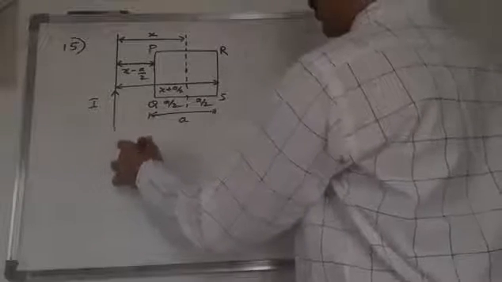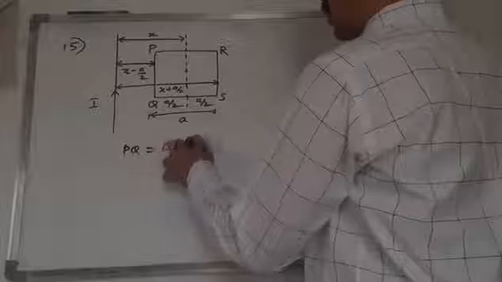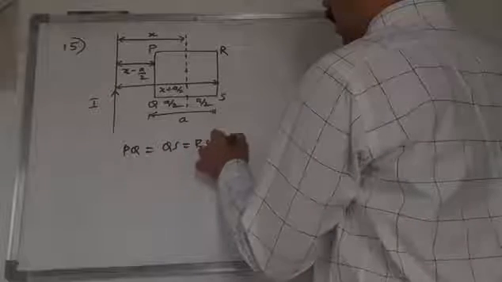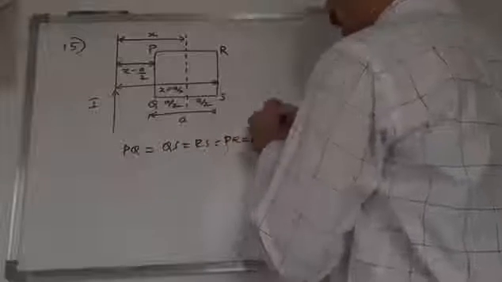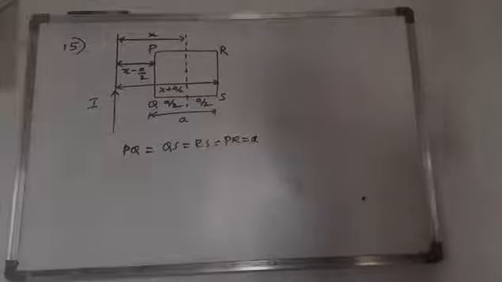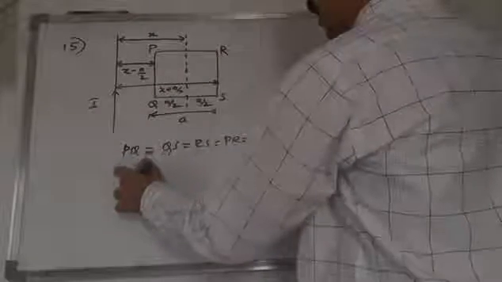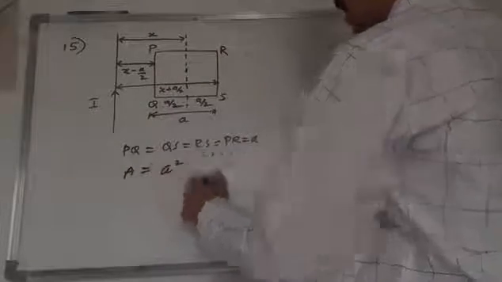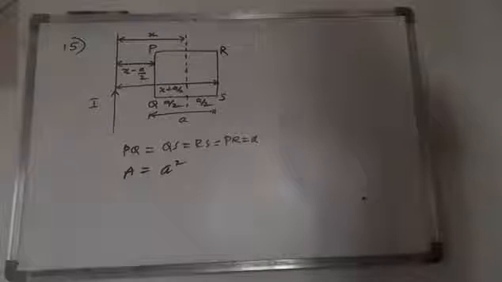PQ is equal to QS is equal to RS is equal to PR. All sides are equal to A only here. Okay, it is a square, and the area of this square will be small a square.